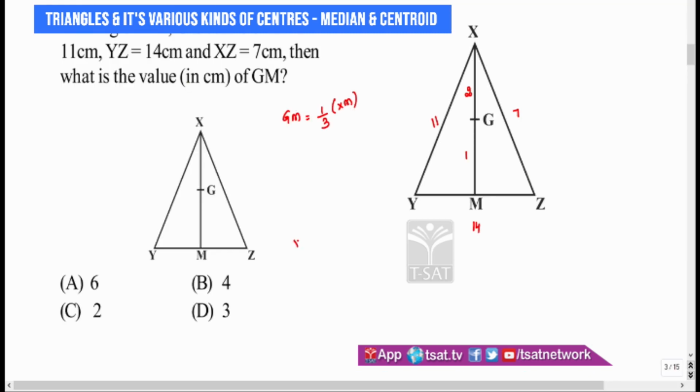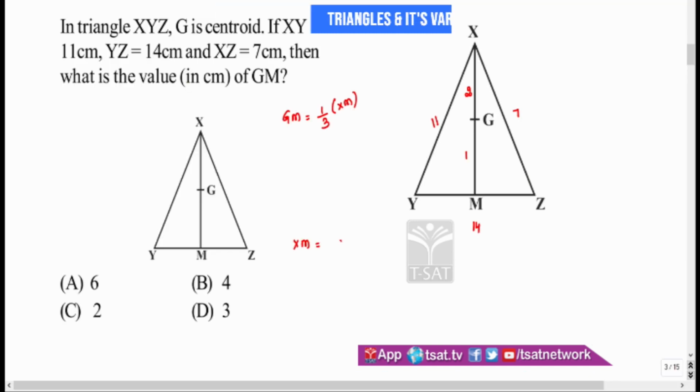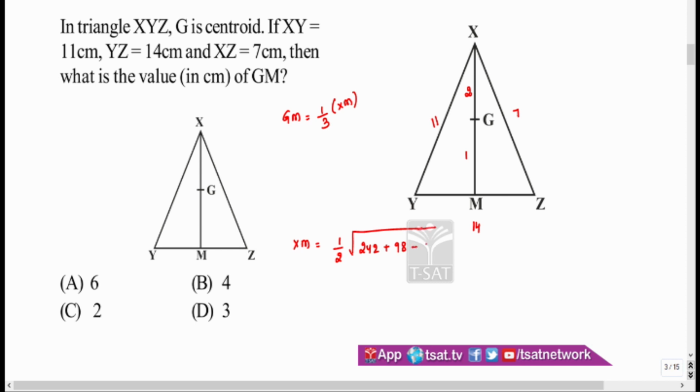XM is a median, which is half of under root of 2 into 11 square, that is 242, plus 2 into 7 square, that is 98, minus 14 square, 196.